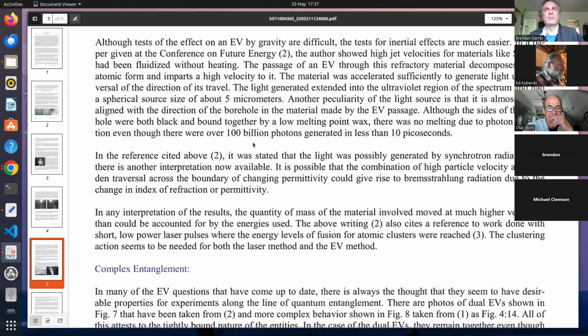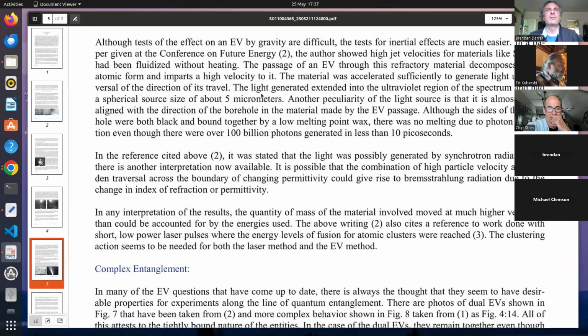The passage of an EV through the refractory material composes it into atomic form and imparts a high velocity to it. The material was accelerated sufficiently to generate light upon reverse of the direction of its travel.